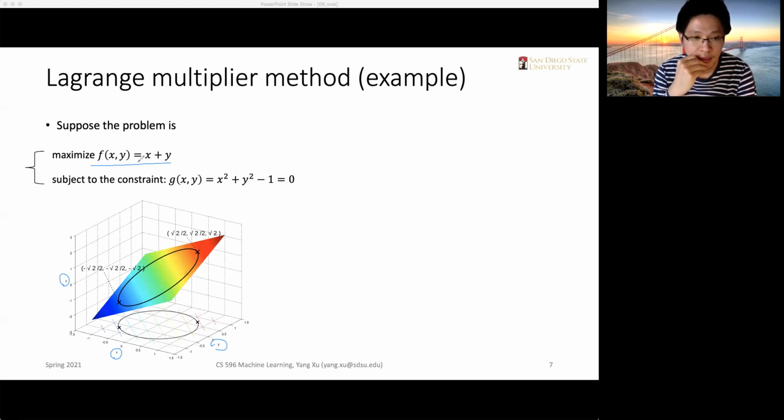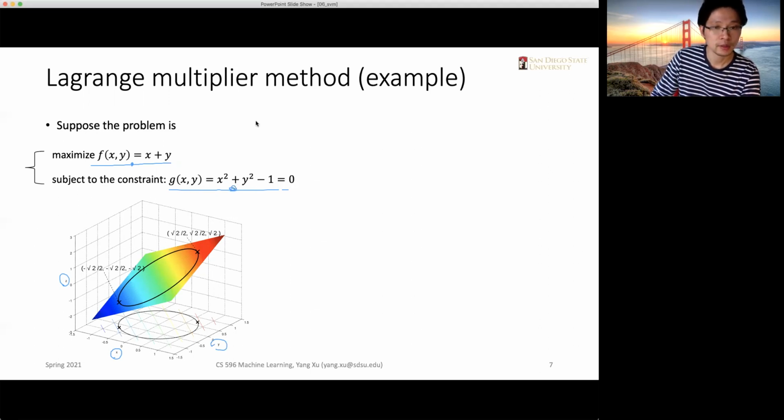But if there were no constraint, we actually could not maximize this function, right? The maximum value would be infinity. So we have the constraint, which is in this form. And we can tell that this constraint is a circle. So x and y should lie on this circle. We can only choose points along this circle.